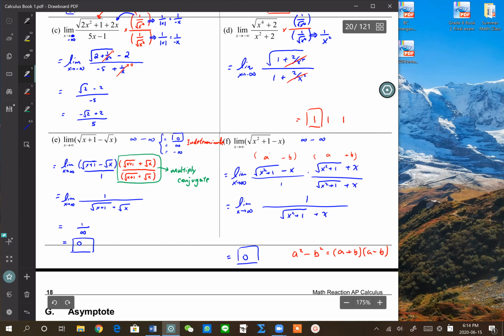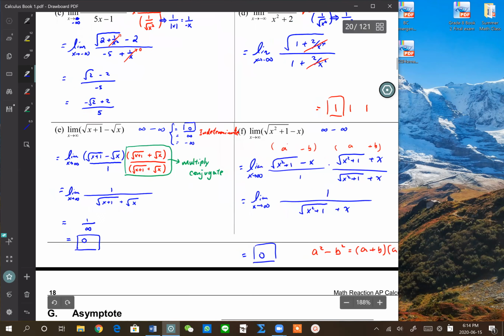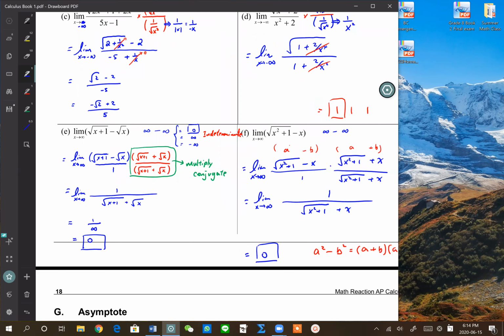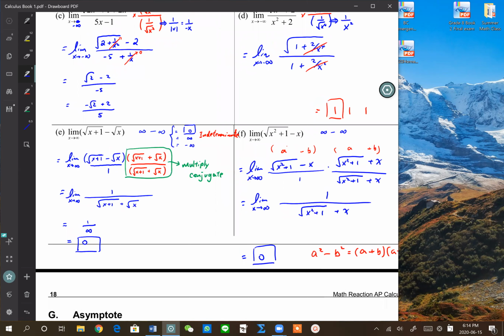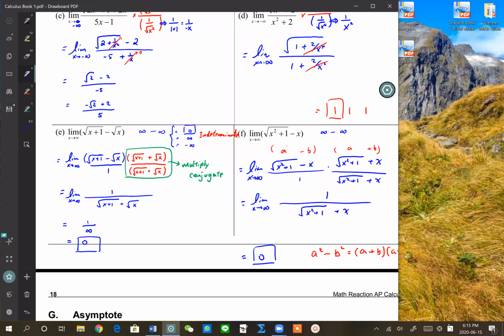Okay, so this is how you would show work, if you want to show the steps of how you get 0. Otherwise, if you just plug it in, you just get infinity minus infinity, and then you cannot say that's 0.